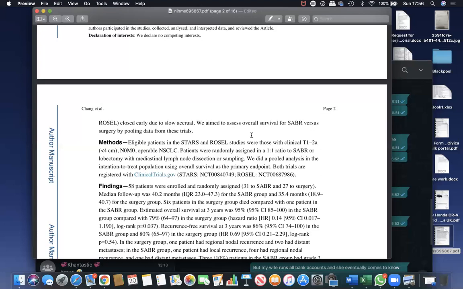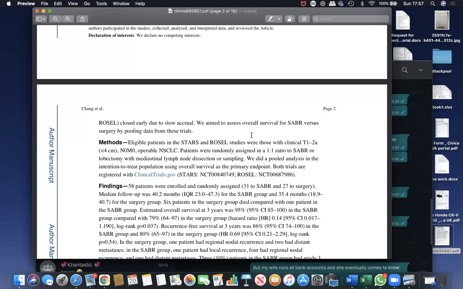Did you understand what I just said? Yes, sir. That is the null hypothesis. So the moment you start with that null hypothesis, no role, not inferior, SBRT has no role in the management of operable stage 1A lung cancer. Okay, that's the null hypothesis. And then you use the methodology to disprove this statement.